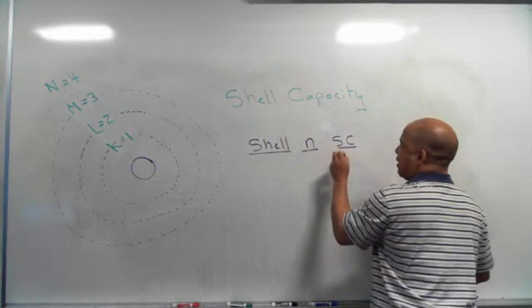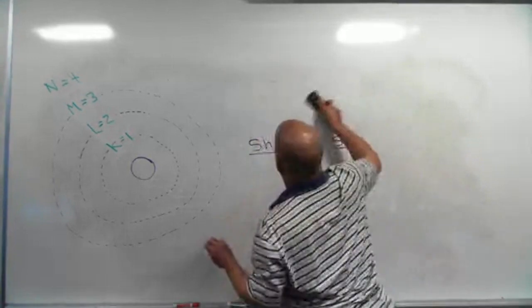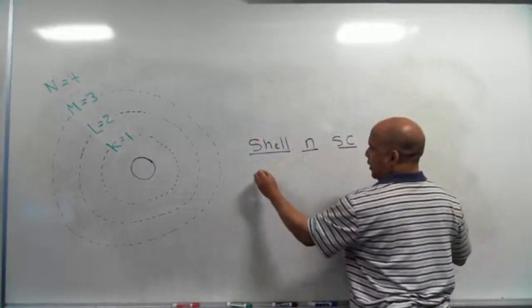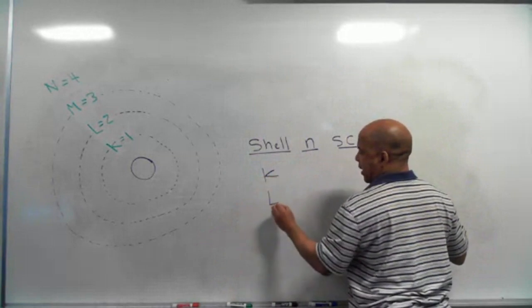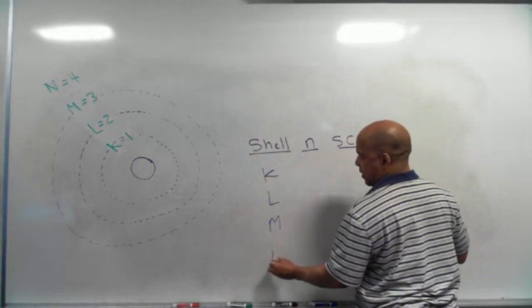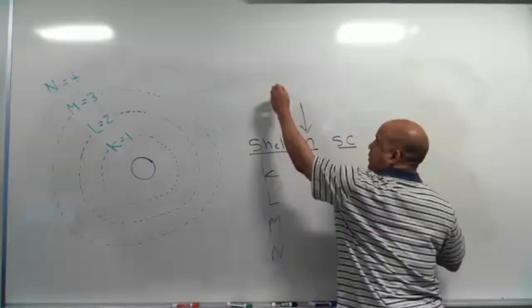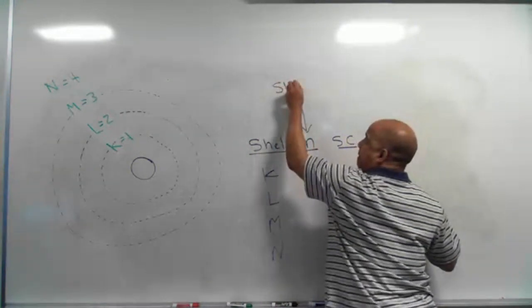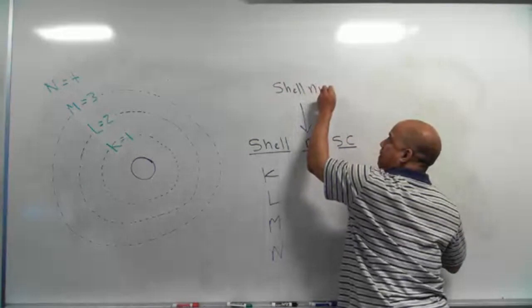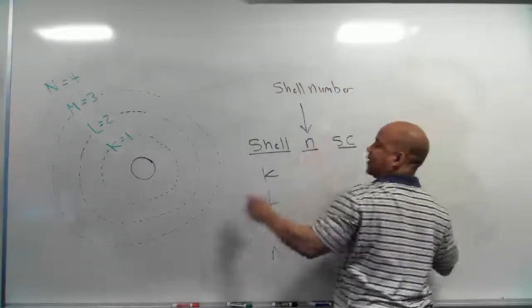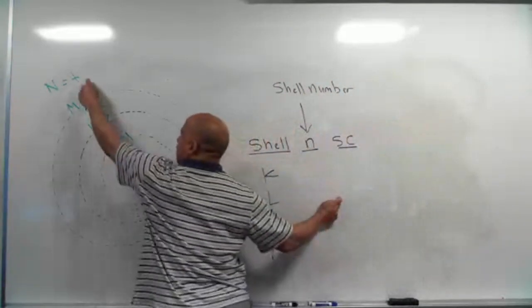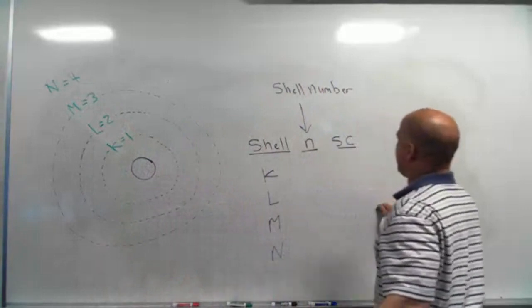So you copy this down. I have shell, we start with K, L, M, N. So those are my 4 shells. Now that lowercase n represents the shell number. And that's the number 1, 2, 3, or 4 in the diagram.